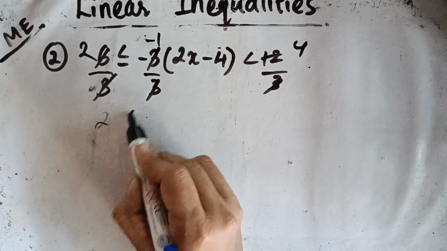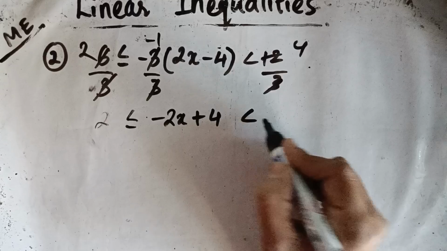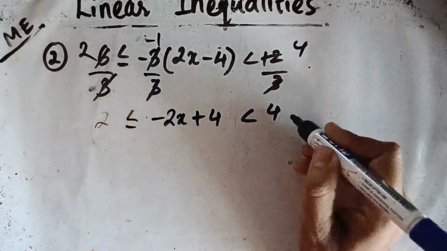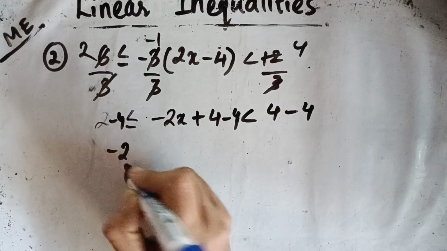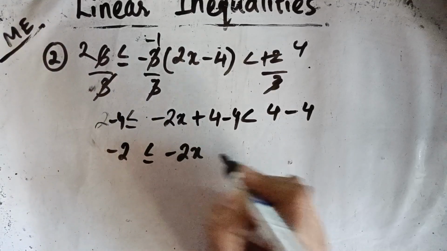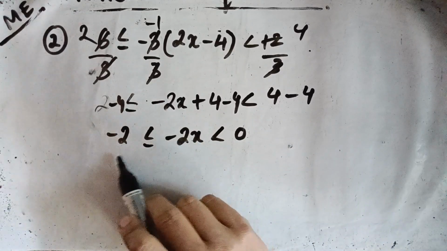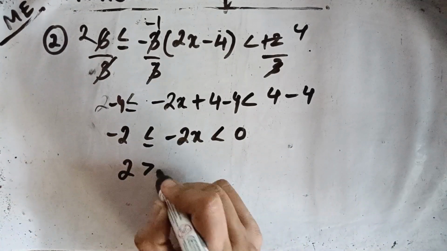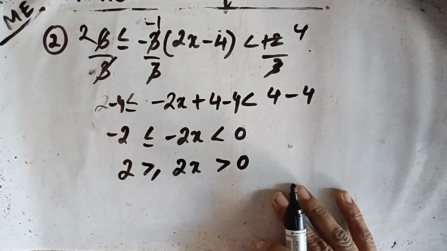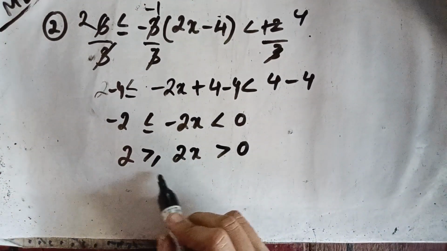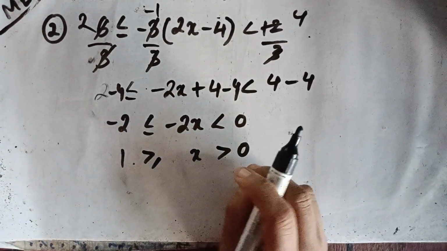Now this is 2 minus 2x plus 4, 4. So minus 4 you have to do, minus 2, 0, multiplying by minus 1, so this changes to greater than, divide by 2, so this will be 1, 1 and 0.